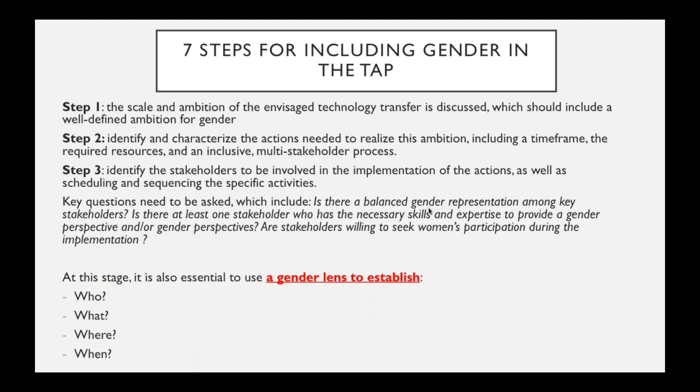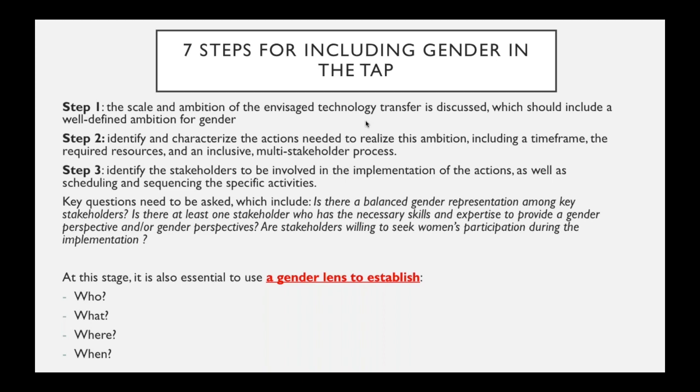So now just very briefly going through these 7 steps. Firstly, in step 1, the scale and ambition of the envisaged technology transfer is discussed in the TAP, and naturally that should include a well-defined ambition for gender.